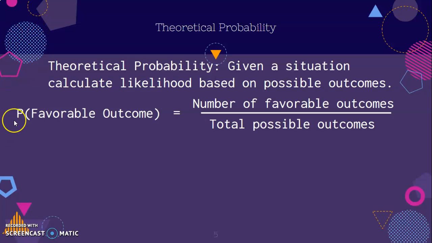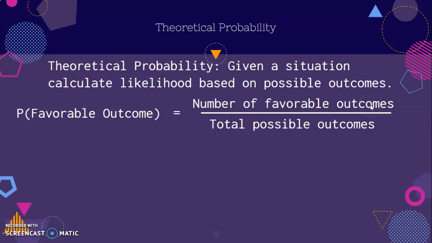This is the most important formula we're dealing with in probability. The situation is, well, what is the probability we've been asked? This is how we notate it, probability of whatever it is. And when I say favorable outcome, that's just what is our target? Are we looking at the probability of the 4 when we're rolling? So that's where that 4 would go in here. The number of favorable outcomes.